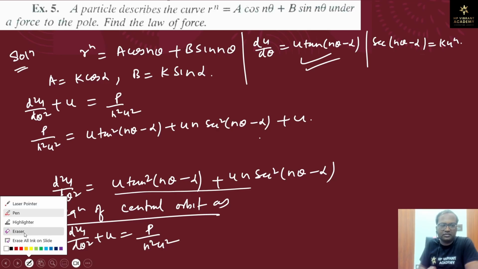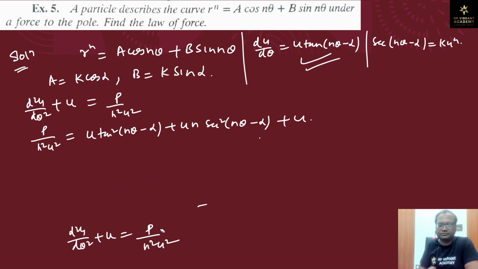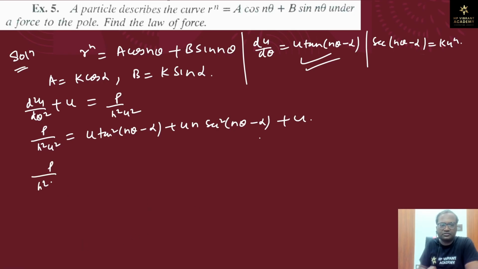Okay, so let us take u common. So we have p upon h square u square is equal to u times of 1 plus tan square (n theta minus alpha) plus u n sec square (n theta minus alpha).